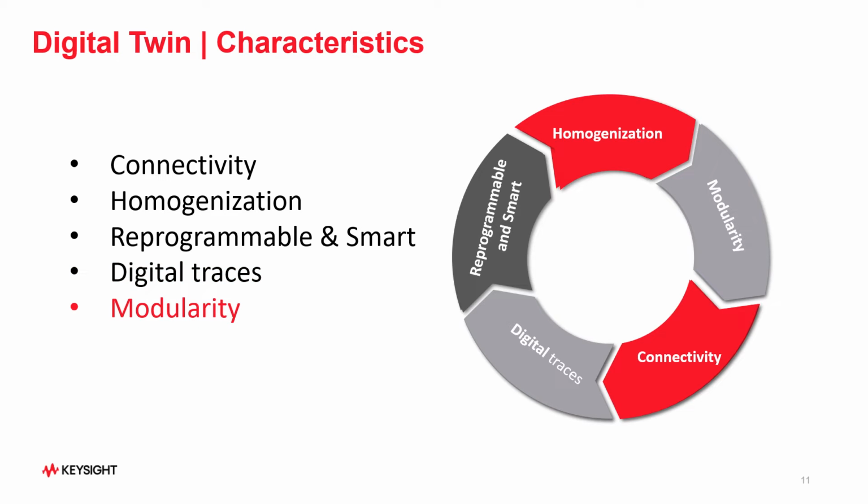The next important characteristic of digital twins is the modular nature, or modularity. In the sense of the manufacturing industry, modularity can be described as the design and customization of products and production modules. By adding modularity to the manufacturing models, manufacturers gain the ability to tweak models, products and machines.